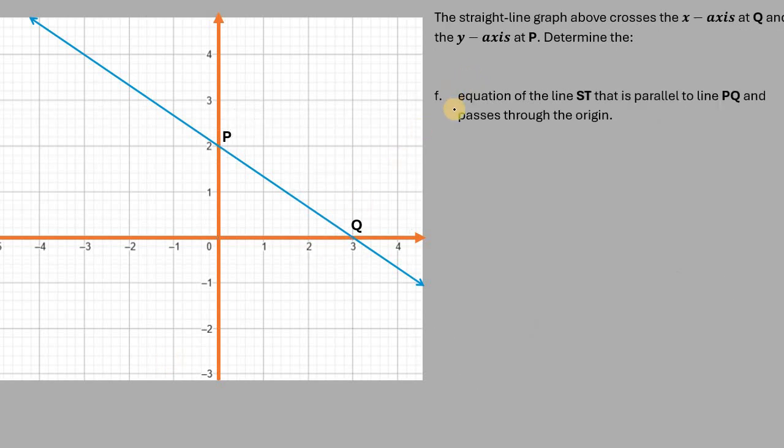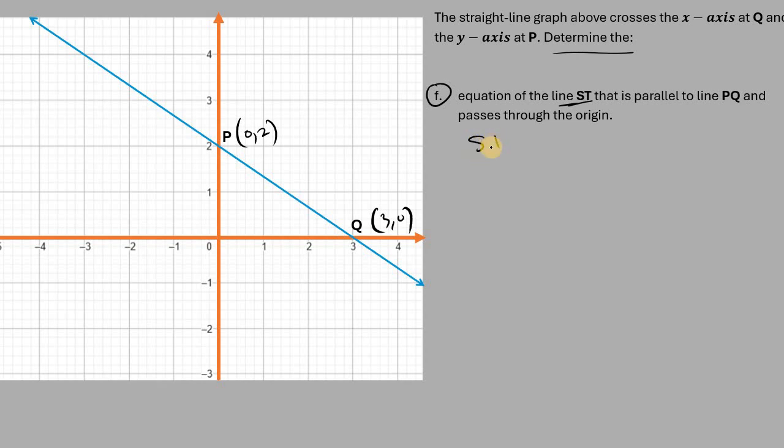Now we're looking at the coordinates of P being 0, 2, and Q being 3, 0. Just want to remember what those are, in the event we need to use them. Now let's look at this. We're asked to determine the last part, or second to last part, F. We have G as well. Determine the equation of line ST. We have not seen that line yet because the line that we've been dealing with is line PQ, right?